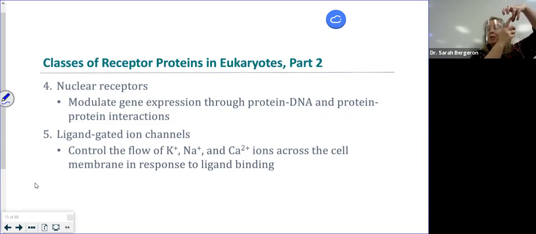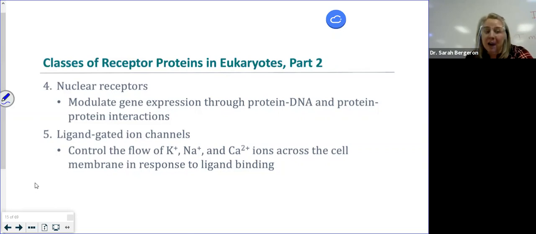And the axon terminal has these vesicles with neurotransmitters inside of them. And when they receive the action potential, those vesicles will merge with the membrane and release their neurotransmitters to the synaptic cleft, which is the junction from one nerve cell to another nerve cell. And so when those neurotransmitters hit the next cell, they're actually going to bind to ligand-gated ion channels.